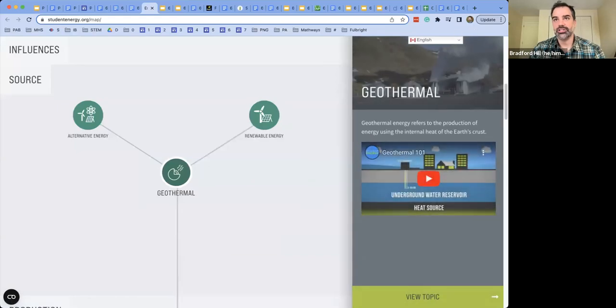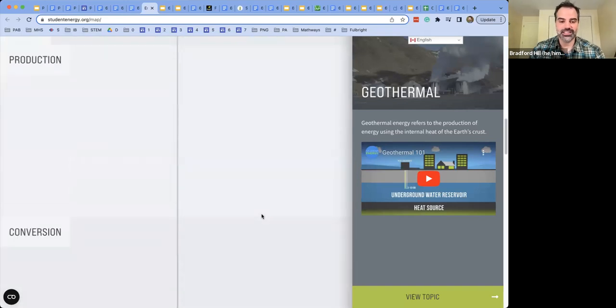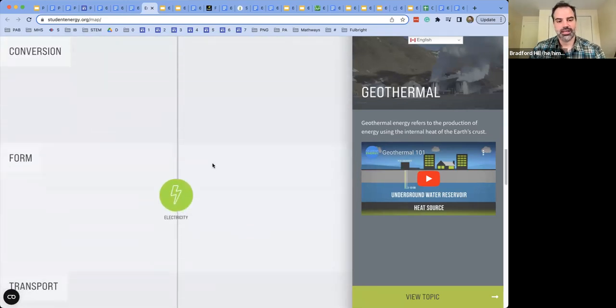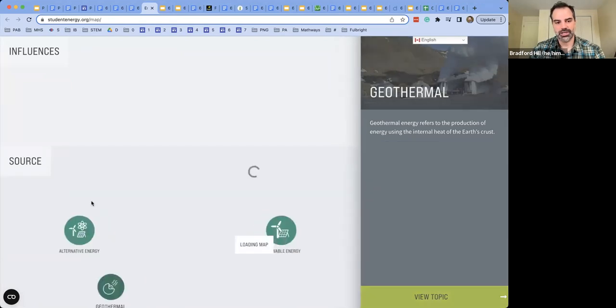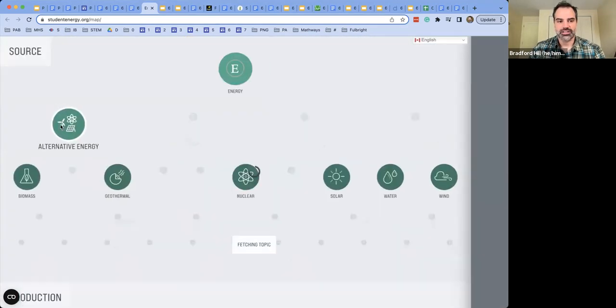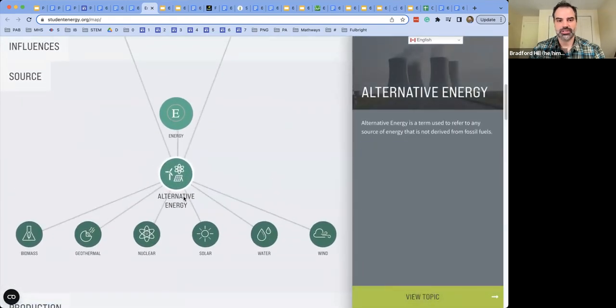And the nice thing that I wanted to point out was just that for each source, it has a written description, a short video that's just like 2 to 3 minutes on each one. And there's this interactive map that since I've clicked on just that one, it's already kind of, I don't know what to call this style of map, but anyways, click on alternative energy and it brings up all of these other ones.